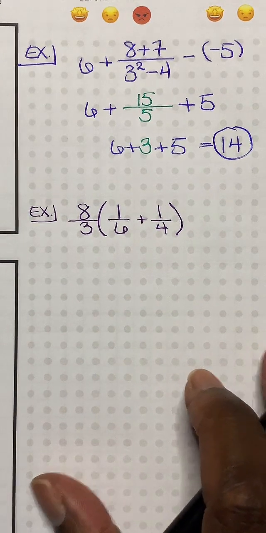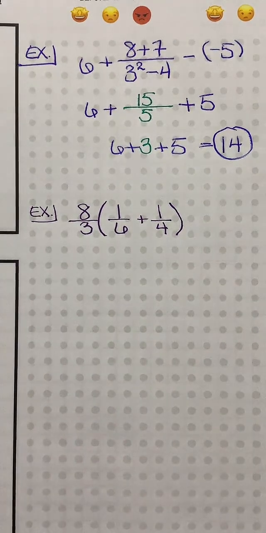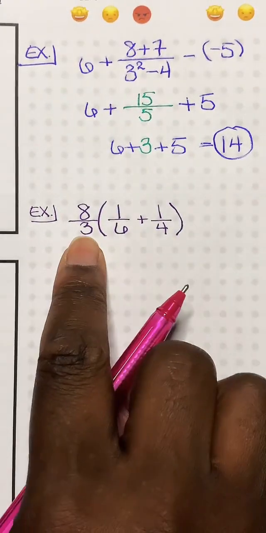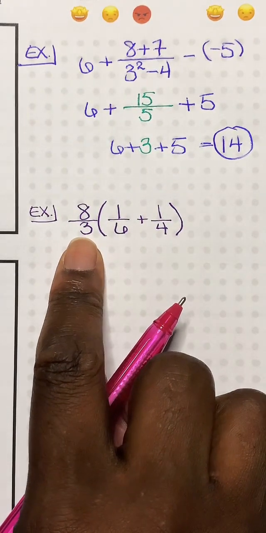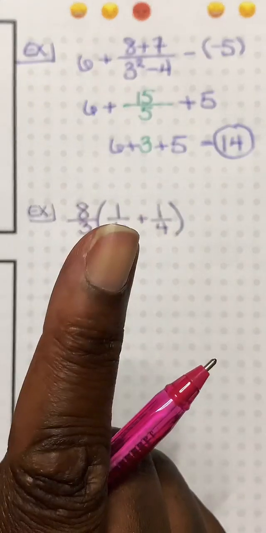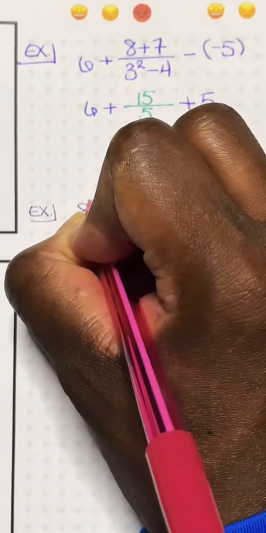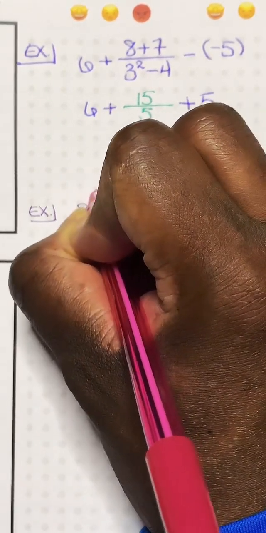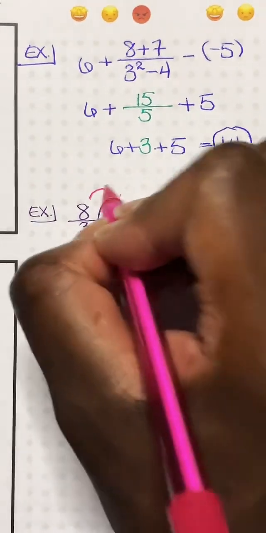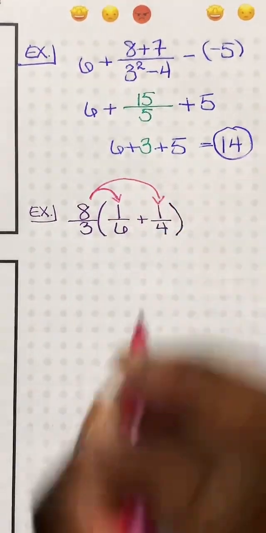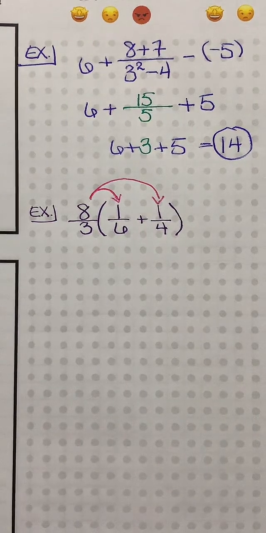All right, now let's take it step by step. We're going to take this 8/3. Do not change it to a decimal. I know that's what you're doing. Do not change it to a decimal. Leave it as a fraction. And what we're going to do is distribute.